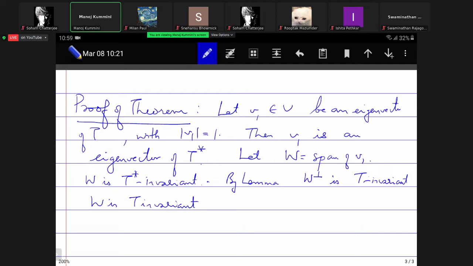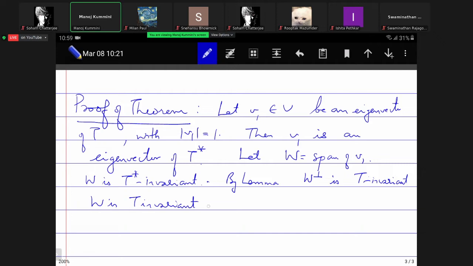So this is an eigenvector for both T and T star with different eigenvalues, but that's not really relevant. Therefore, both W and W perp are T and T star invariant subspaces. That's what the previous lemma and the proposition, which we continued from last lecture, establish.